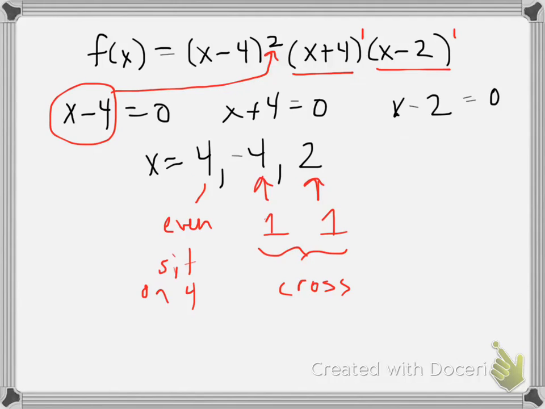All right, and so our first question, what does the graph do at x equals 4? And our choices are, does it cross the x-axis or does it touch the x-axis and turn around? And the answer is actually it touches the x-axis and turns around. Whereas for what does the graph do at x equals -4 and x equals 2, your answer would be that it crosses the x-axis.